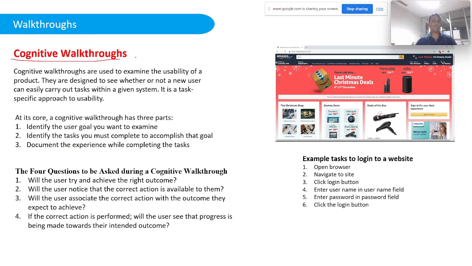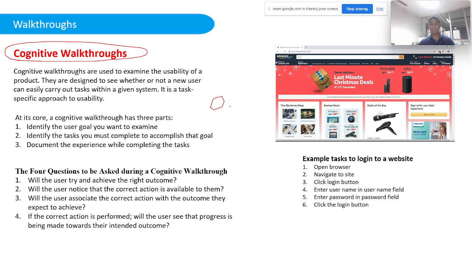The other type of walkthrough is the cognitive walkthrough. So this is to understand how a user performs a particular task, but instead of understanding what the various activities are, we try to understand where a user faces a particular issue in his cognitive processing.